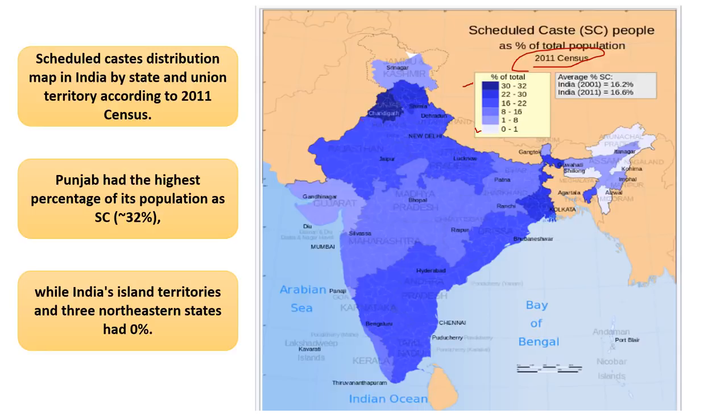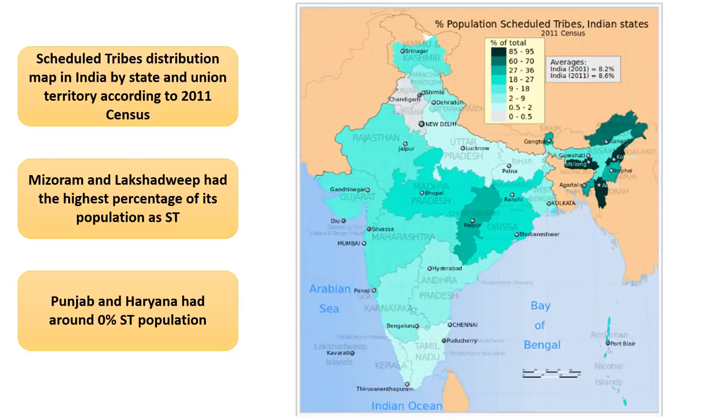You can see that this area which comprises the state of Punjab has the highest percentage of its population as scheduled caste, that is around 32%, while the northeastern states and the island territories are very light and have around 0% scheduled caste population. Now this is with regard to the distribution of scheduled tribes.